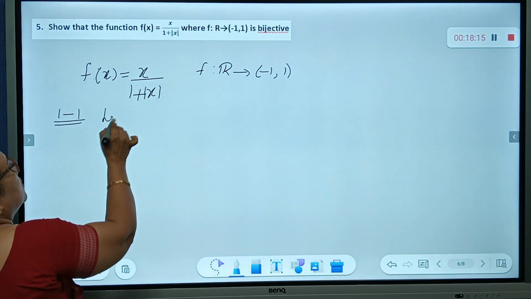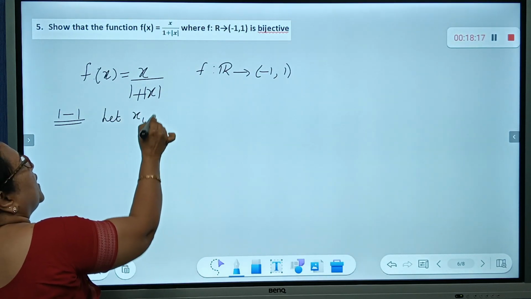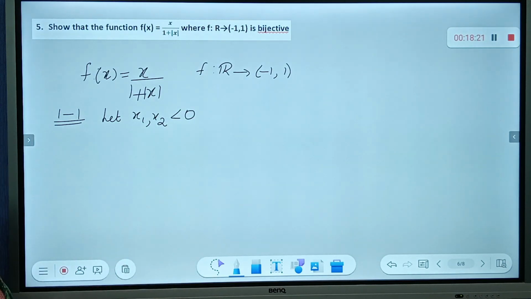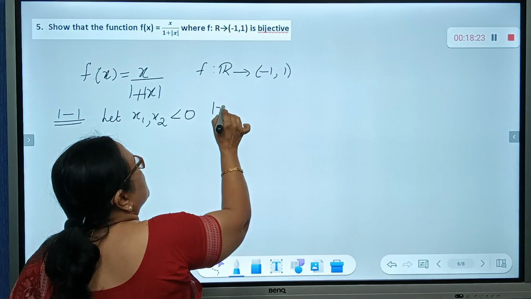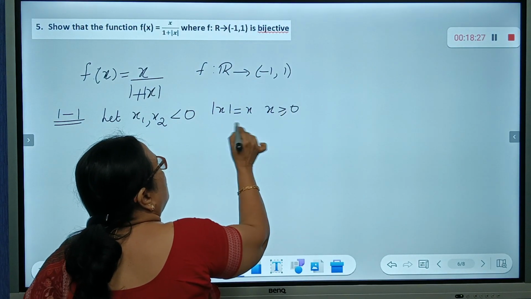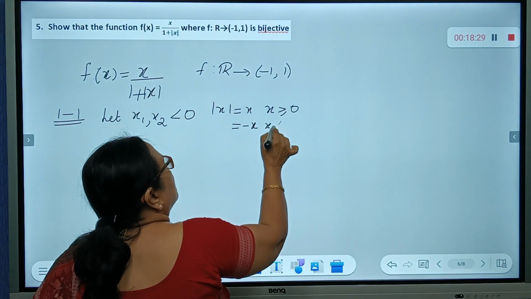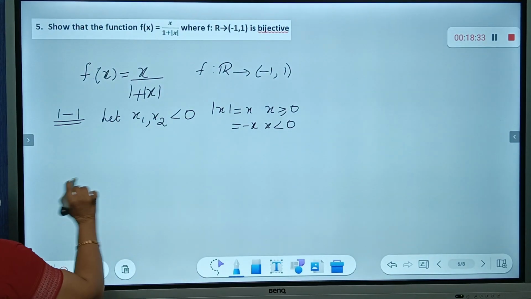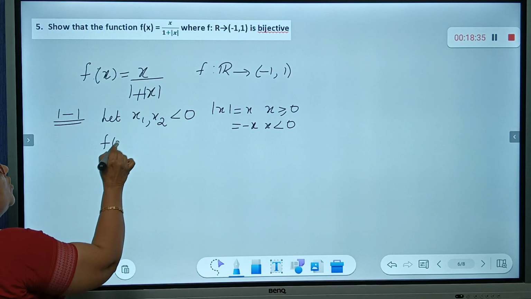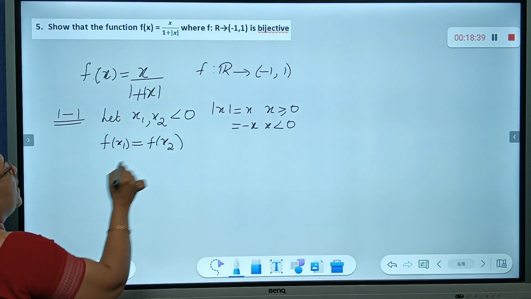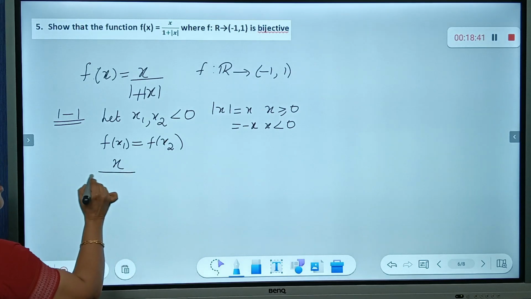Let x1, x2 be less than 0. You know that mod x is x when x is greater than or equal to 0, equal to minus x when x is less than 0. Now, if they are both less than 0, f of x1 equal to f of x2 would imply x1 by, what is mod x?